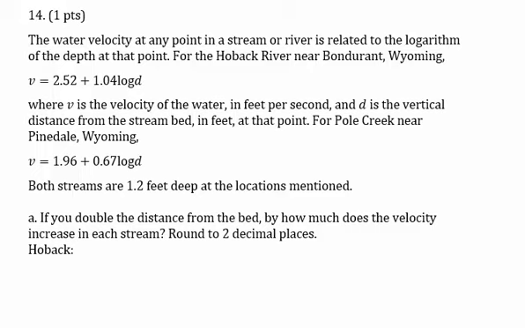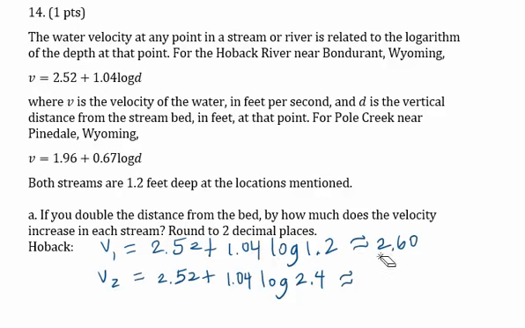Okay, we're going to just take a look at the Hoback River, and I'll say V1, the first velocity, is when the depth is 1.2 feet. So 2.52 plus 1.04 log of 1.2, which is about 2.602.